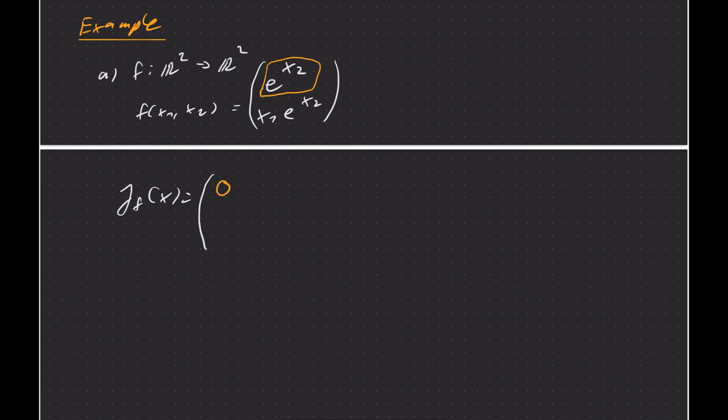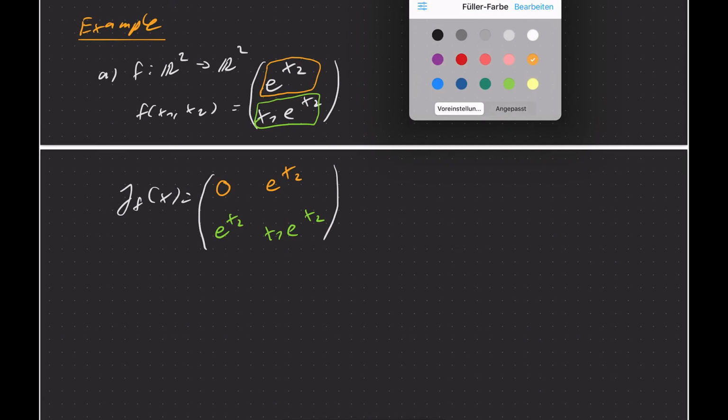In the second column, we differentiate with respect to x2, so that's e to the x2. And then for the second row here, again, we differentiate with respect to x1 first. This is e to the x2. And then with respect to x2, that is x1 e to the x2. Okay, so that's the result here.